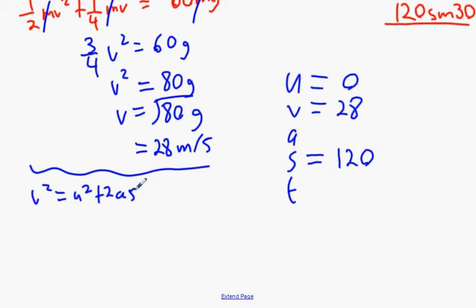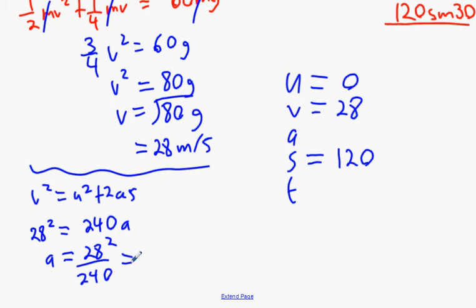28 squared equals 2 times 120, which is 240 a. What's 28 squared divided by 240? Let's go with an a value of 49 over 15. You can check that out for me in a second.